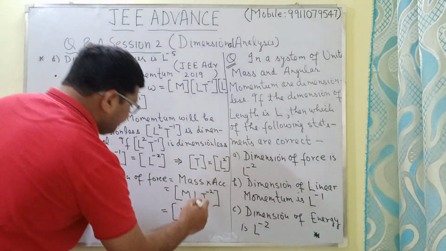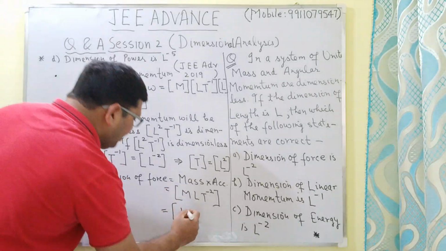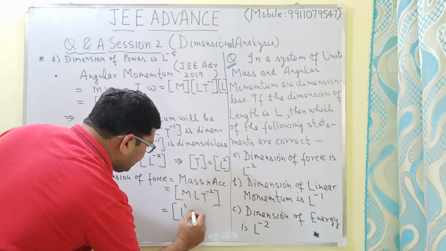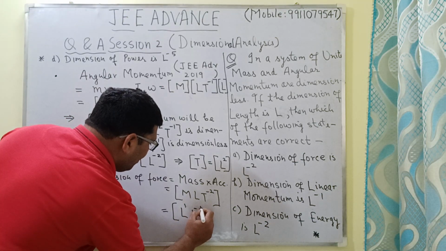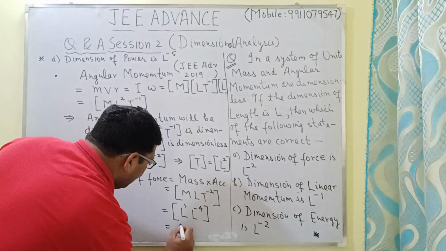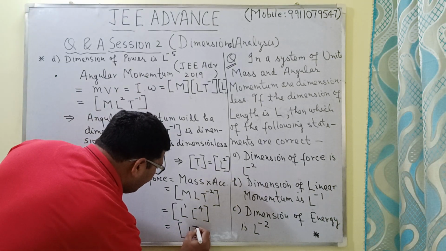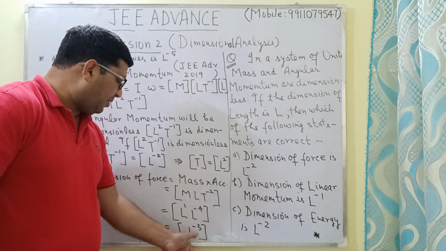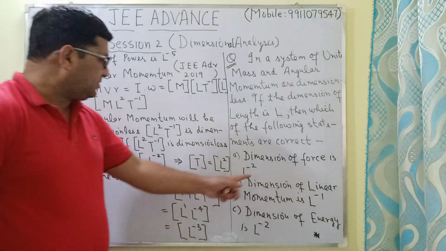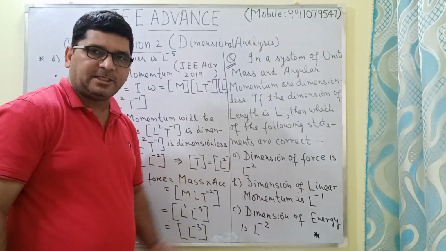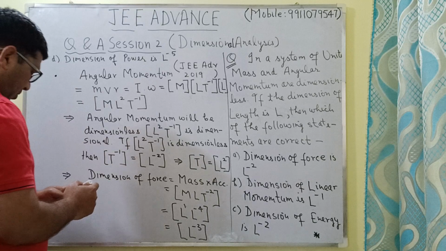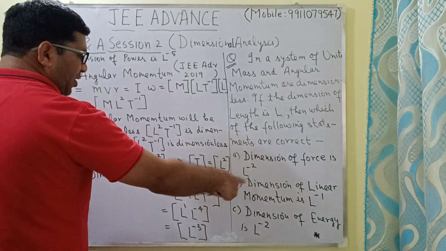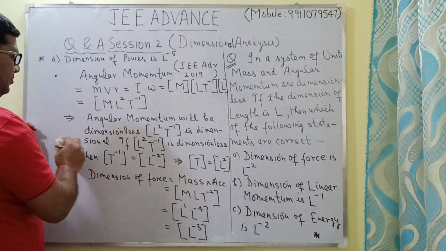So I will be substituting that value here. I will be getting L to the power 1 and this is L to the power minus 4, so this is equal to L to the power minus 3. So the dimension of force is equal to L to the power minus 3. Here it is written minus 2, so this is not correct. The first option is not correct. Now let's move on, we have to now find the dimension of linear momentum.